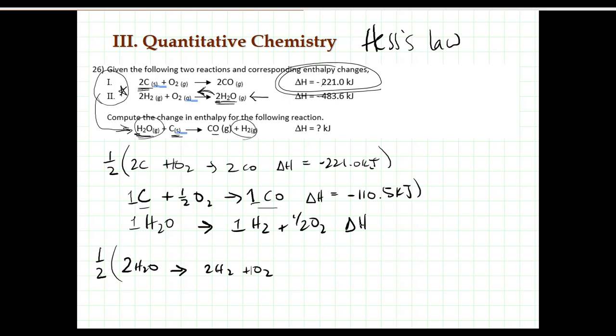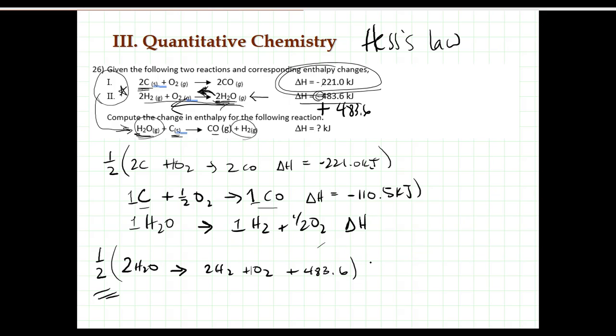But my delta H, what are we going to do? Well, we have to chop it in half because I halved all of that. We're going to have to take half of this also. But I switched the direction of the whole reaction. When you change the direction of the reaction, reverse that reaction, you have to flip the sign of your delta H. So instead of going this way, -483.6, going this way is going to be a +483.6, but now I have to chop it in half.